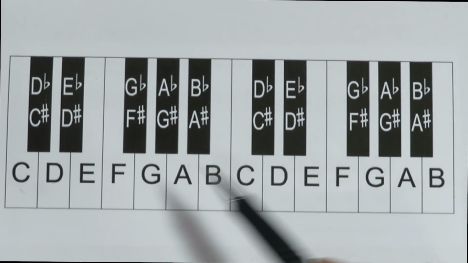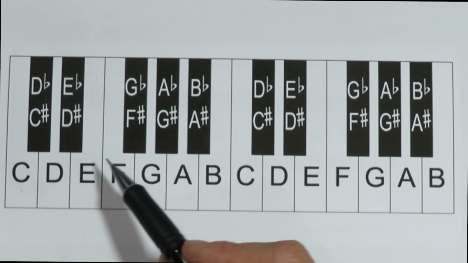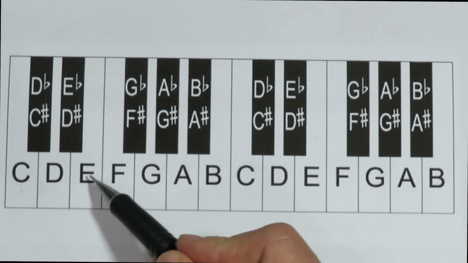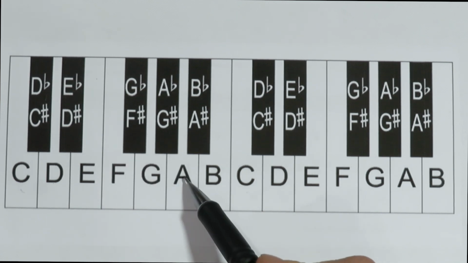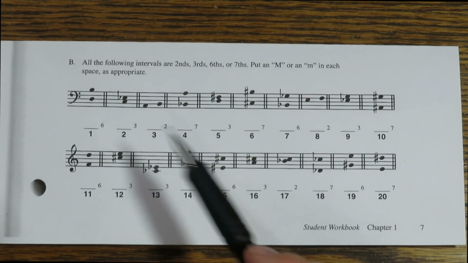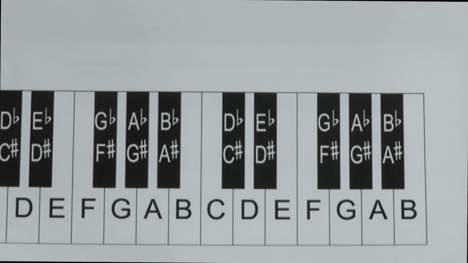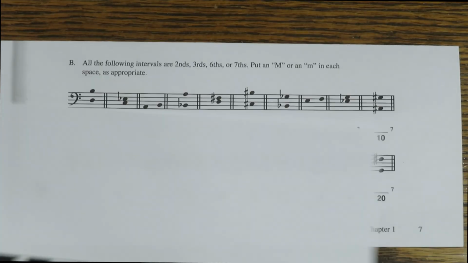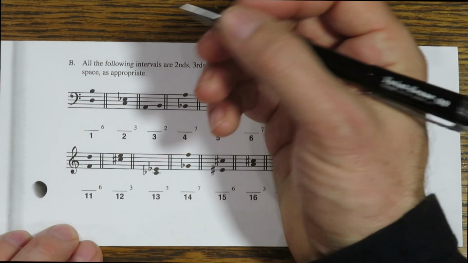So the B is part of the major scale. All right, so we have whole, whole, half, whole, whole. So we've got a D to a B. D to A is a perfect fifth. So this would be a major sixth. Okay. So we'll put an M there.